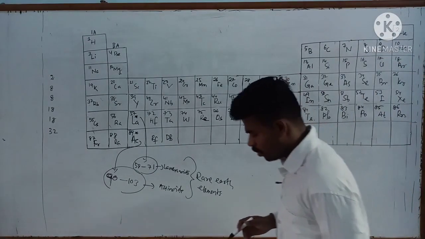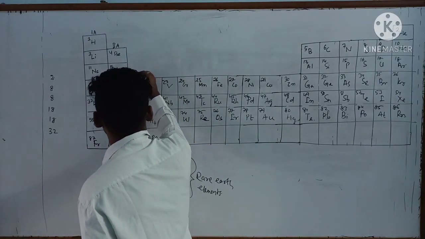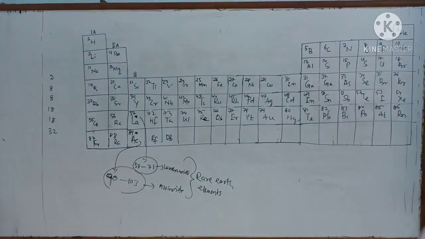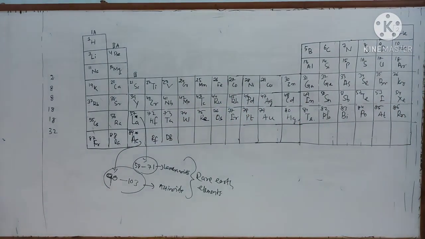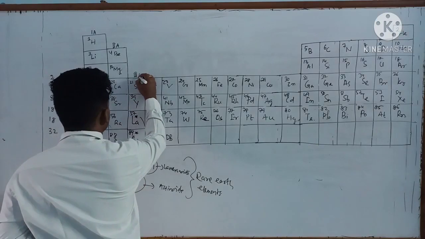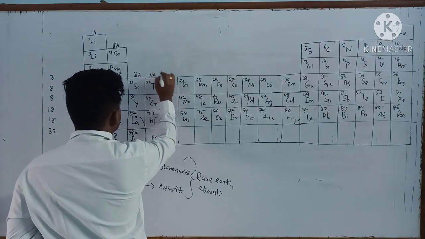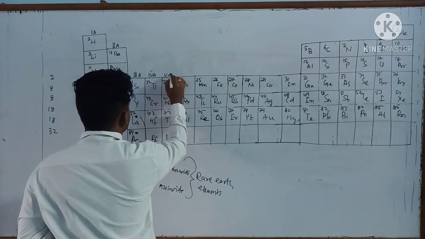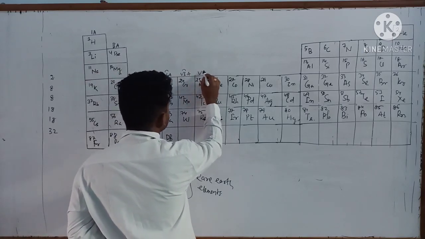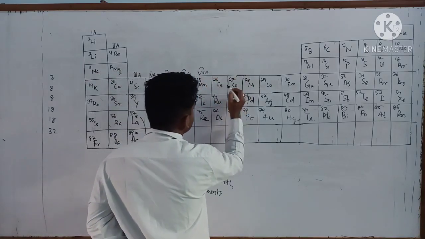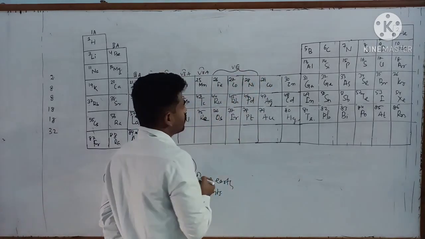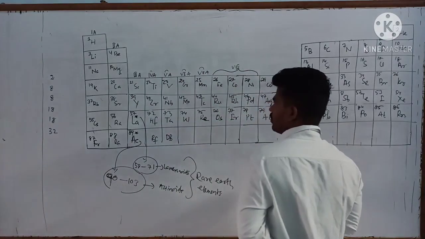So if you mention the group, that will be 1A, 2A, 3A, 4A, 5A, 6A, 7A, then from here to here, this is the 8th group.